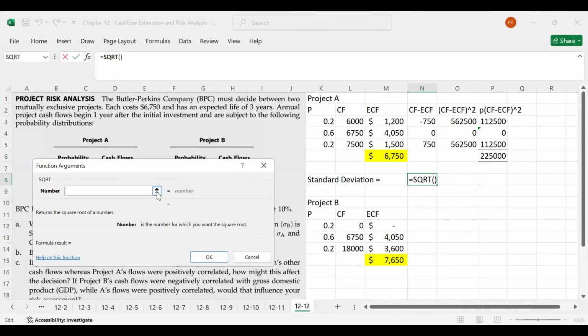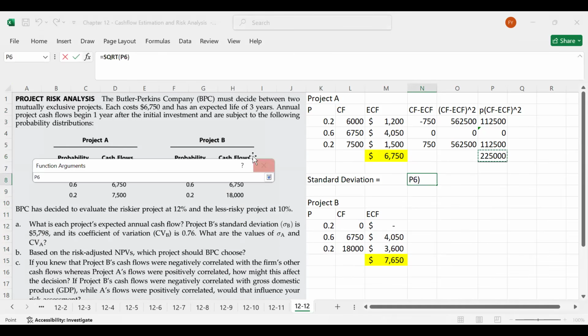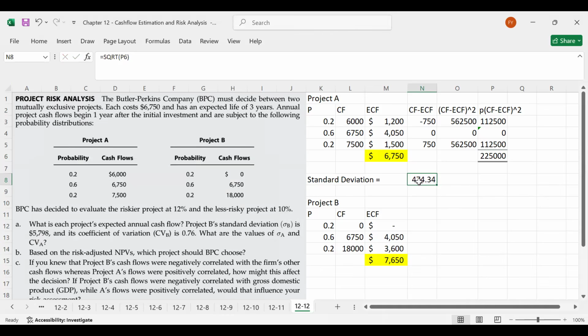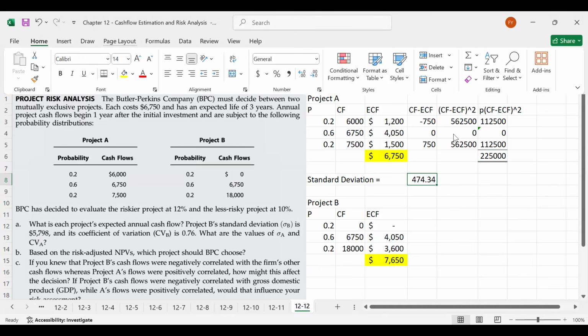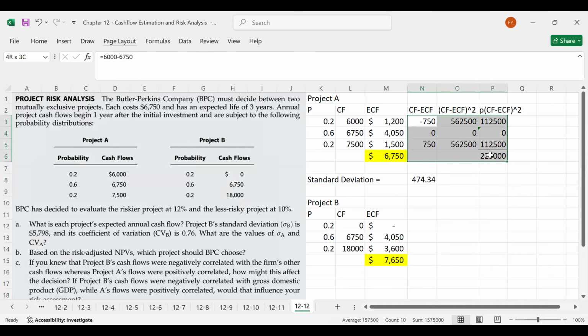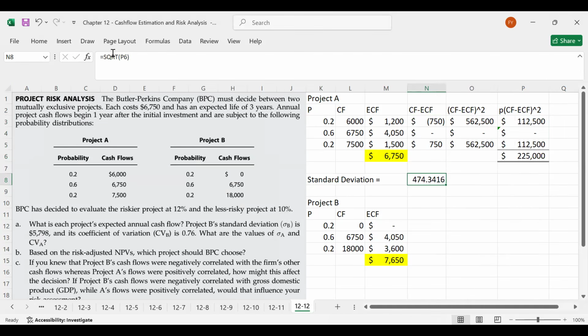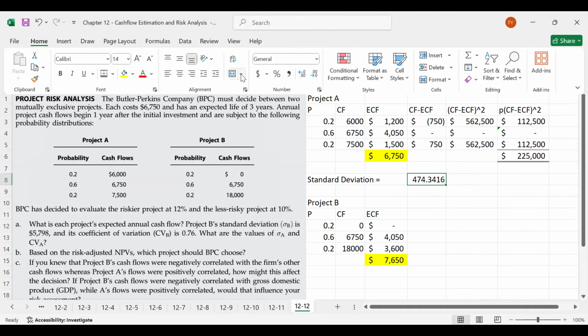So we have the square root, and the amount is this one. So this is your standard deviation, and as all these amounts are in dollars, this answer would also be in dollars. Here we have dollars, and this is the standard deviation.